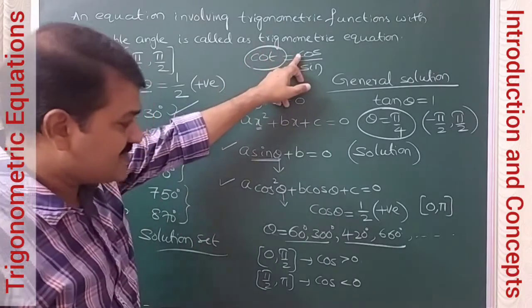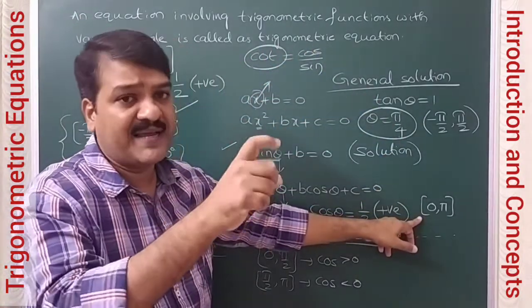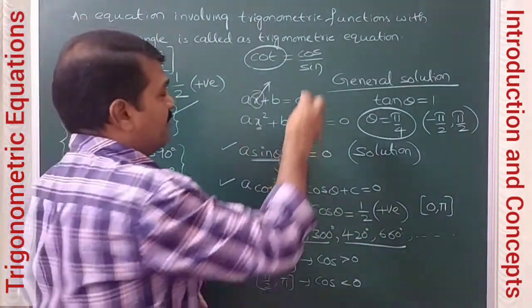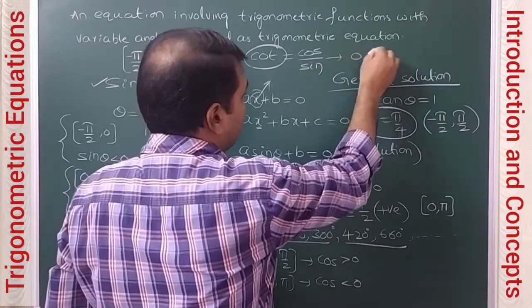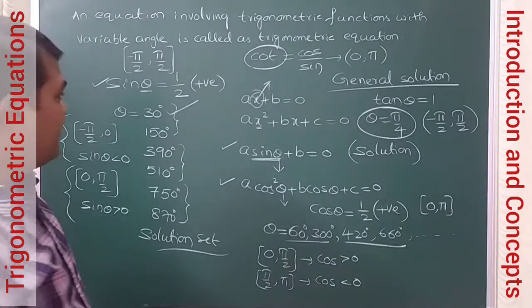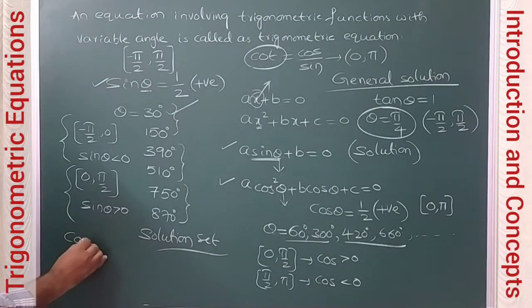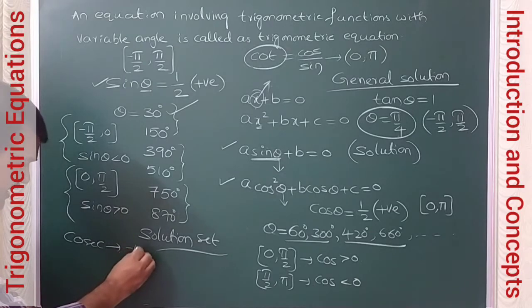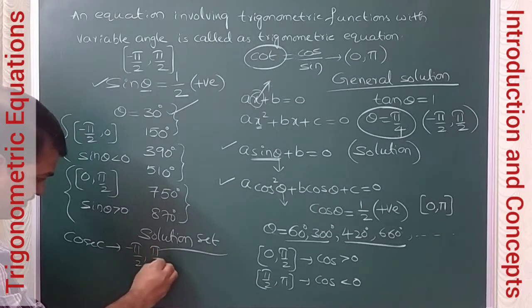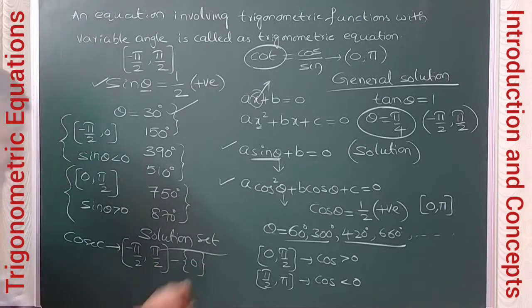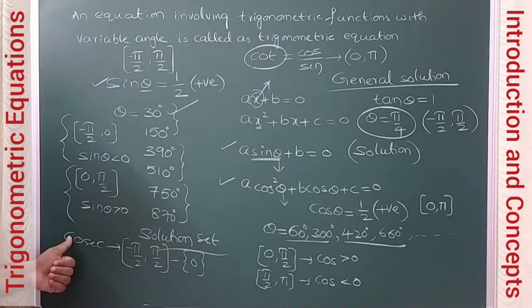So it will be same as 0 to pi, but open brackets we will take, because at 0 and pi the cot function is not defined. Therefore the principal solution interval for cot function is 0 to pi with open brackets. When we take the cosecant function, you know cosecant is the reciprocal of sine. So same as the sine function principal solution interval we will take, minus pi by 2 to pi by 2, the same interval, but except 0, because at 0 cosecant is not defined, we know.